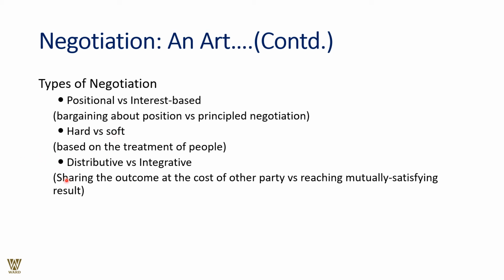So, how do we go about it? Distributive versus integrative: sharing the outcome at the cost of the other person versus reaching a mutually satisfying result. So, how do we go about negotiations? Positional versus interest-based, hard versus soft, distributive versus integrative, as the case might be.